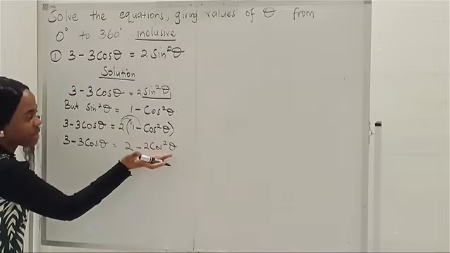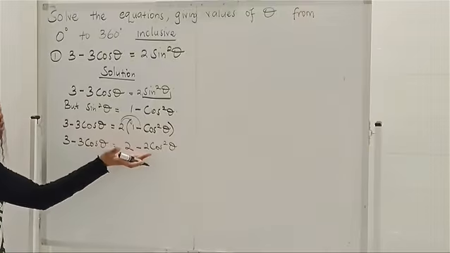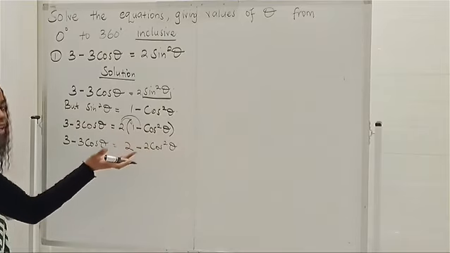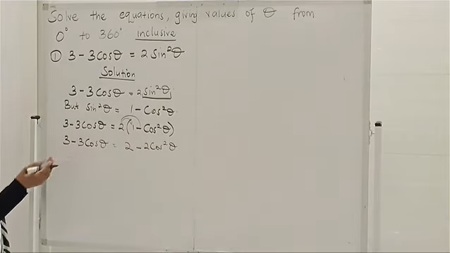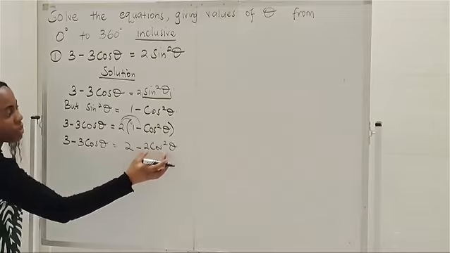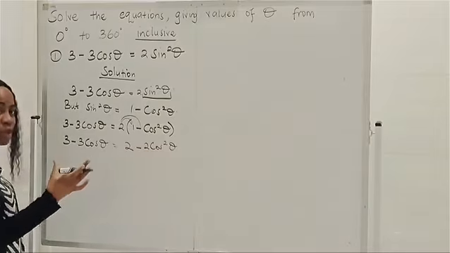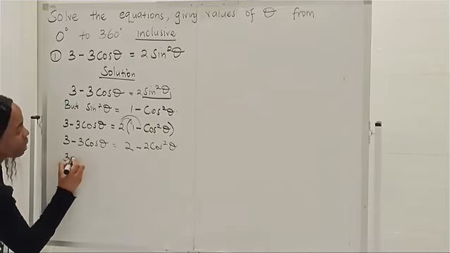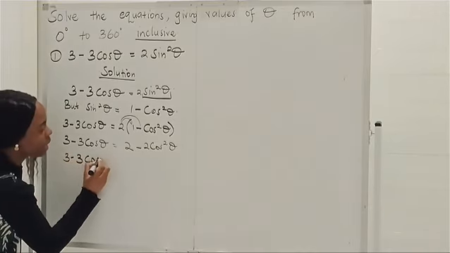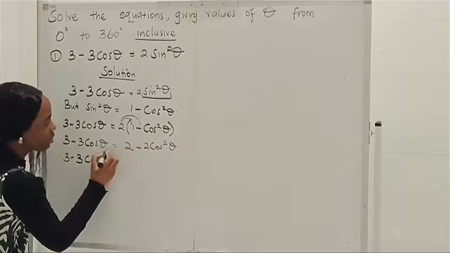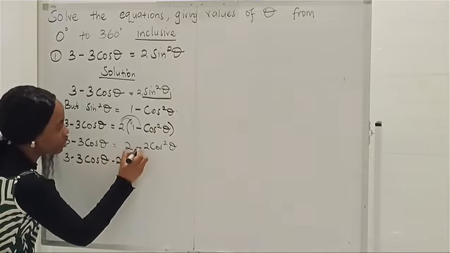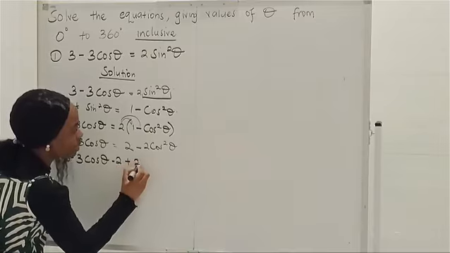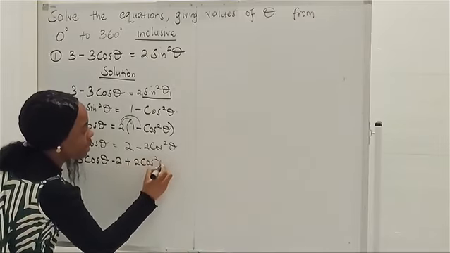Now let us take all the values that we have on the right hand side, bring them to the left hand side, okay? Because we are seeing a square here, meaning that we are going to deal with a quadratic equation. So I have 3 minus 3 cos theta. This one, when it crosses, becomes negative 2, and this one becomes positive, that is 2 cos squared theta.